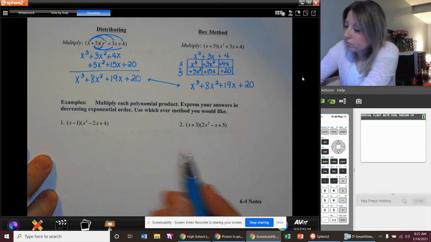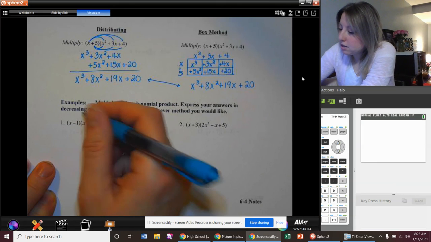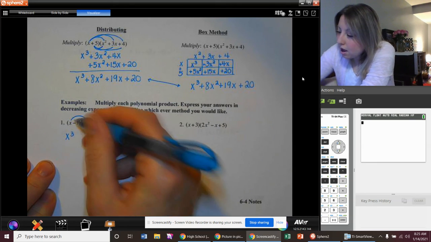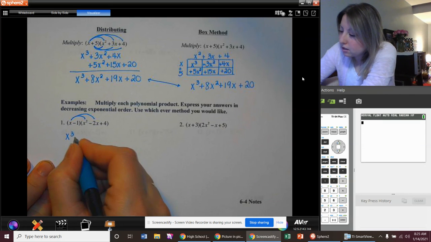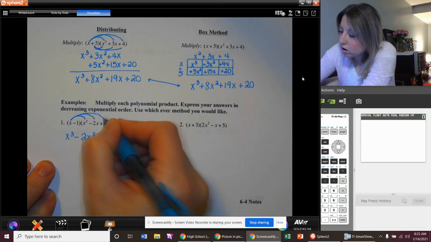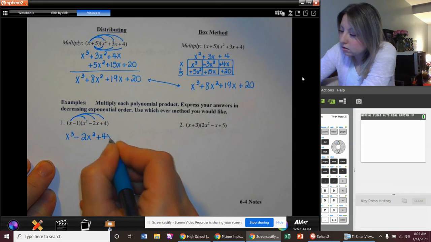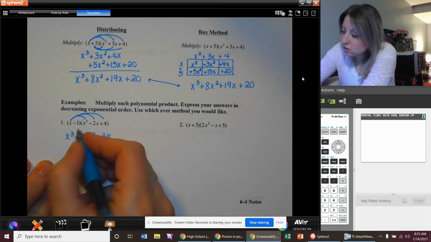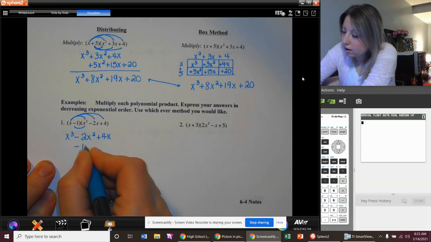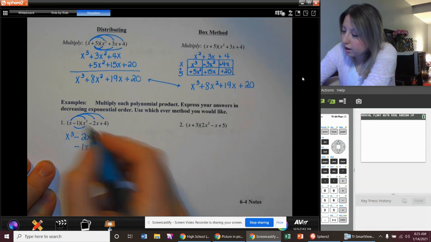Okay. So let's begin. X times x squared is x cubed. X times negative 2x is negative 2x squared. X times 4 is plus 4x. Cool. Now let's distribute this negative 1. So negative 1 times x squared is negative 1x squared. Oh, I threw that 1 in there for you guys.